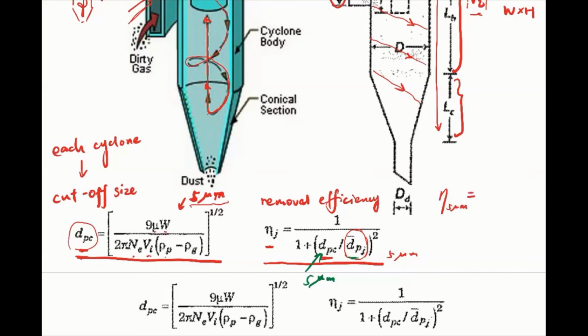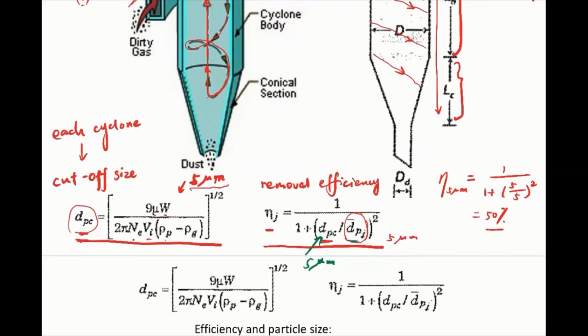Eta of 5 micron is going to be equal to 1 divided by 1 plus (5 divided by 5) squared. That's 50%. You can see that the cutoff size is just the size that has 50% removal efficiency.